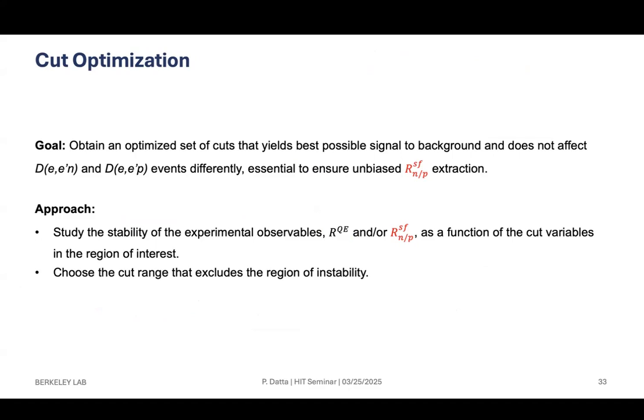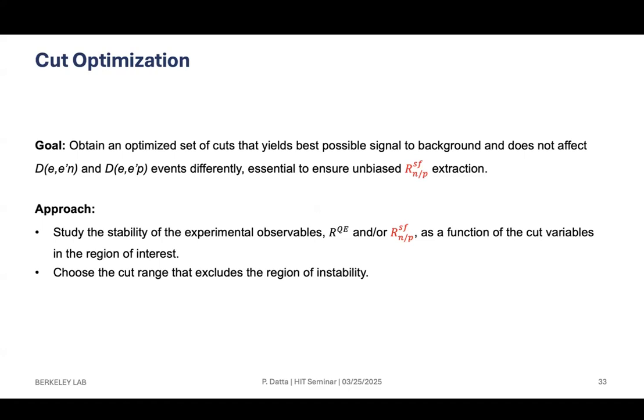So we need to avoid that, and the approach we take is that we study the stability of the experimental observables, like RQE, the quasi-elastic electron-neutron to electron-proton scattering cross-section ratio, or just RNPSF I showed in the previous slide, as a function of the cut variables in the region of our interest, and then we choose the cut range that excludes the region of instability.